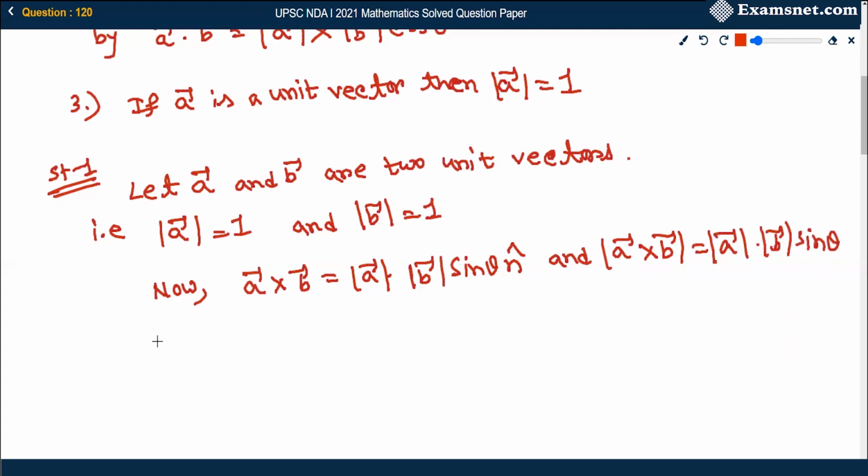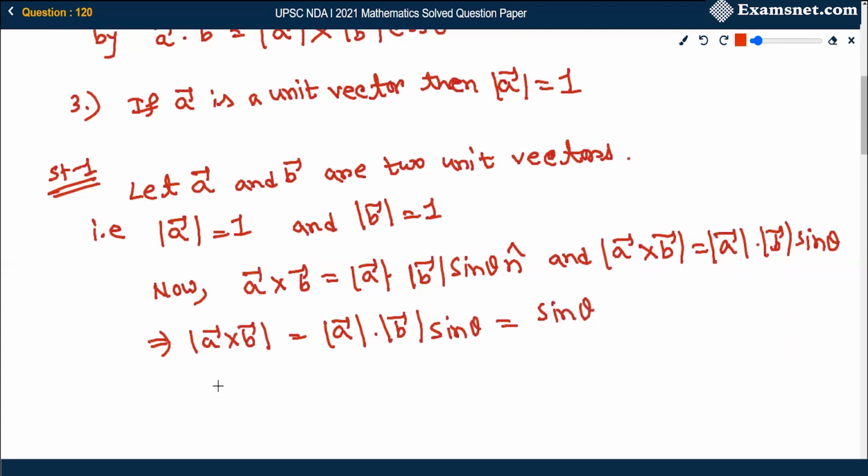So that means here since both are unit vectors, so we can write only sin theta.